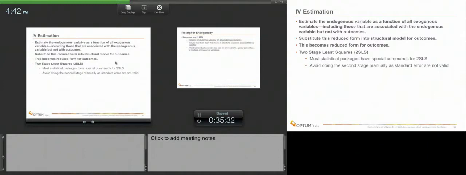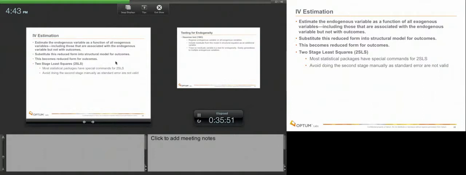And by definition, that severed that correlation with the error term. So it's a very interesting idea. It's a statistical kind of fix for this endogeneity problem.